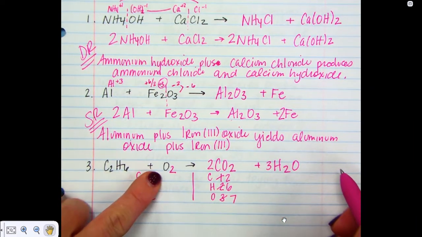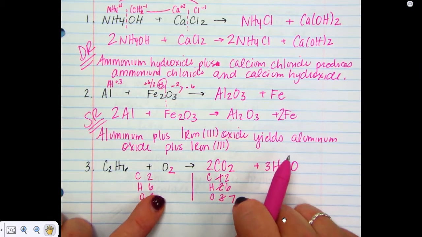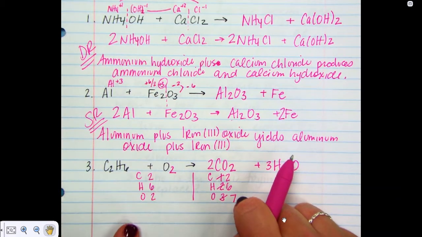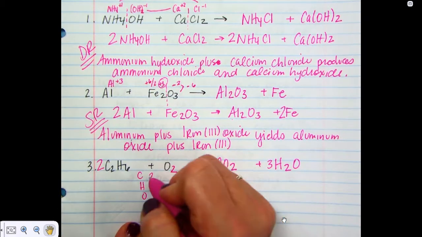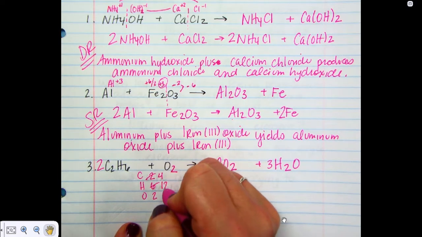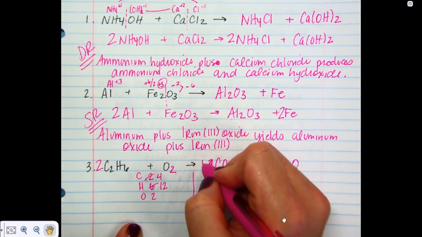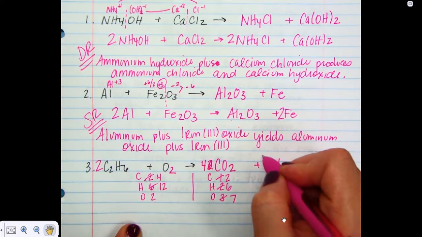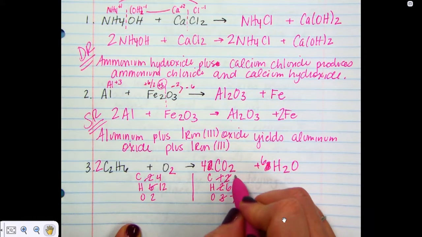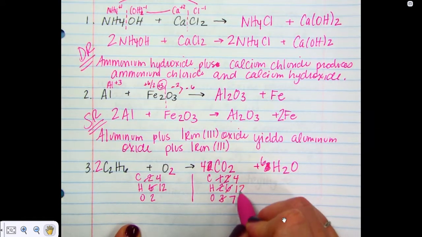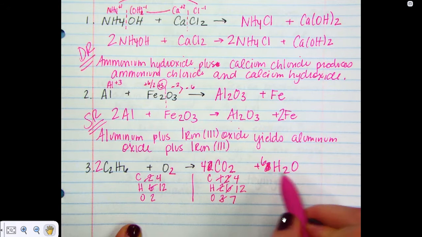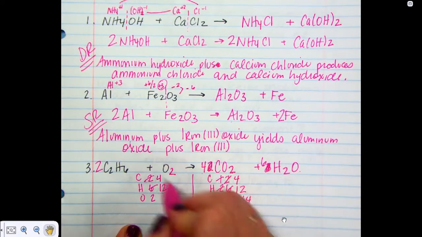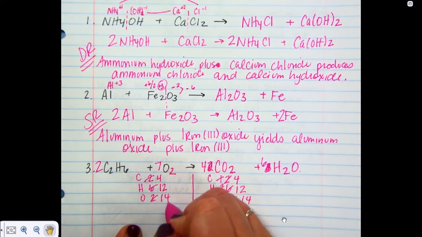Nothing times 2, that's a whole number, is going to give me 7. So what do? Double it all. 2 here, makes this 4, makes this 12. This becomes a 4. This becomes a 6. So that's a 4 carbon, 12 hydrogens. 4 times 2 is 8, plus 6 is 14, and 7 times 2 is 14.